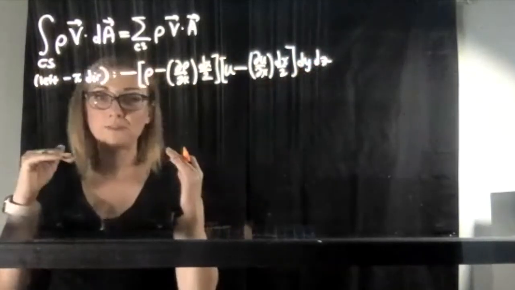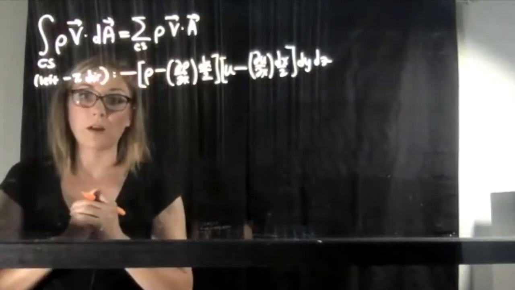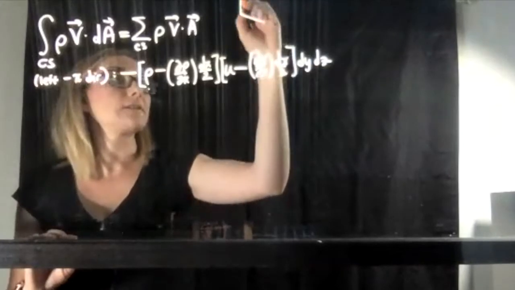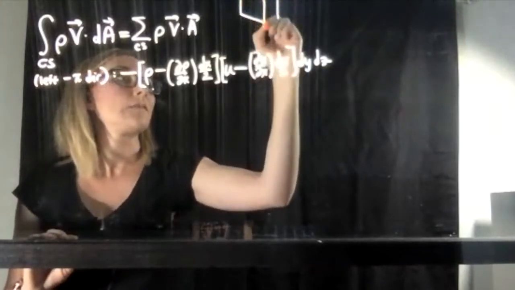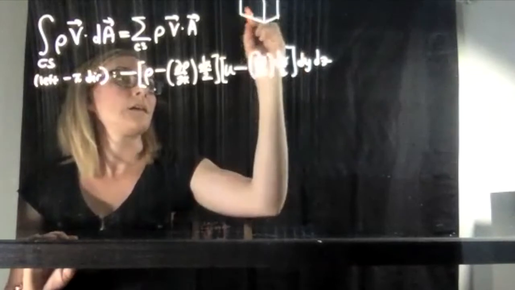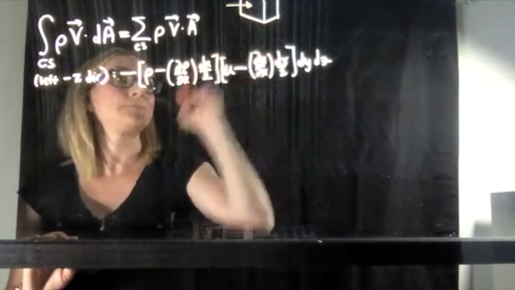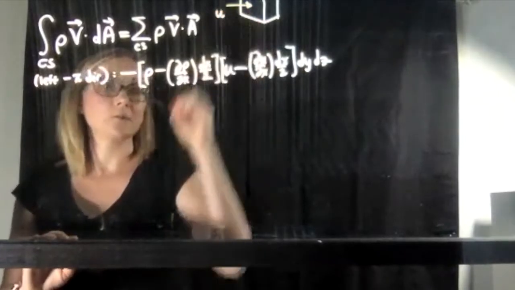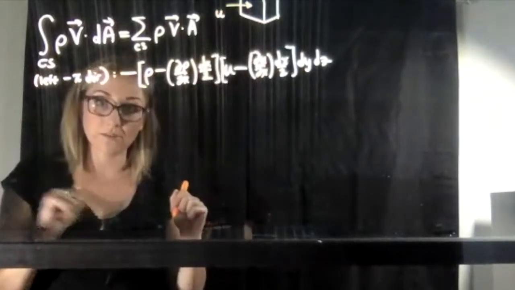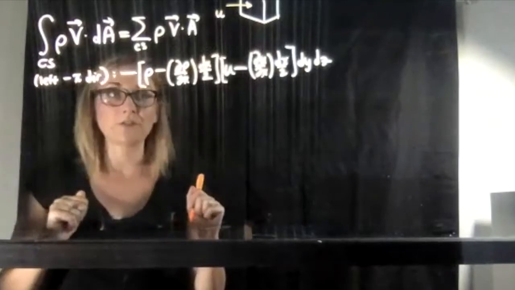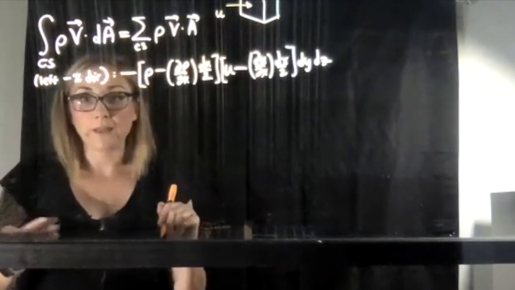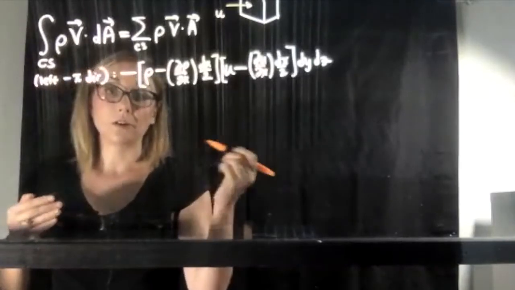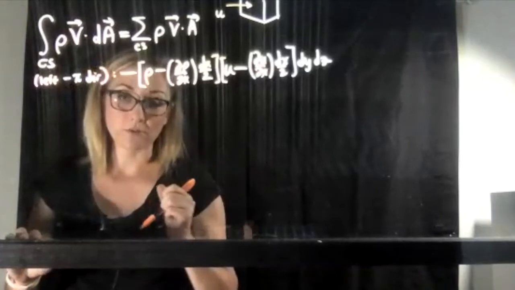Okay, so let's just talk about this one for 1 second before I go on and do the other 5. Here we're taking a look at this face right here. And we're assuming that our velocity is oriented in the positive direction, so it's flowing in the positive x direction. And as you'll remember from the last unit, the unit area normal is always pointing out from the surface face, right?